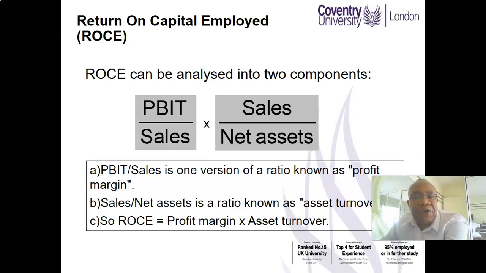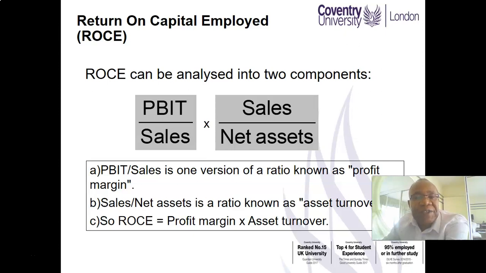And these are the following. These are profit over sales, which is the profitability ratio, times sales over net assets. Now the PBIT is the profit before interest and tax that we referred to earlier.